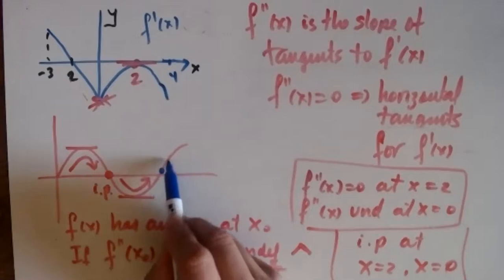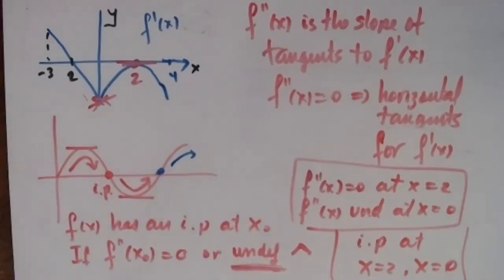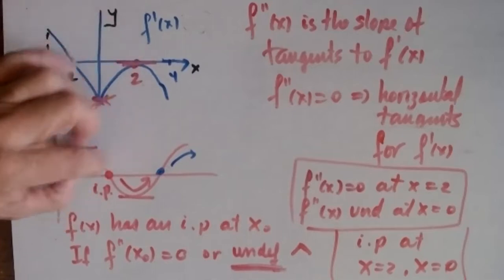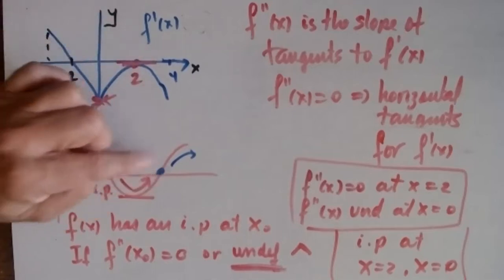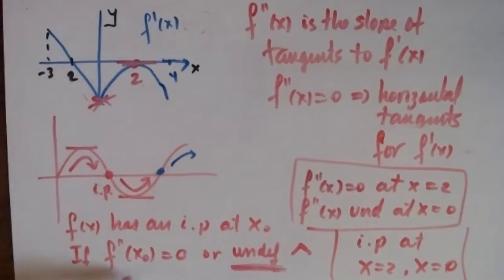Concave up, then concave down, you see? Here is another inflection point. So from the graph, by simple visual appreciation, you can determine the inflection points. If you have the function, you have to take the second derivative and solve to 0.